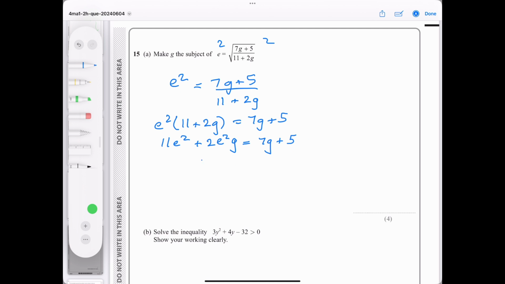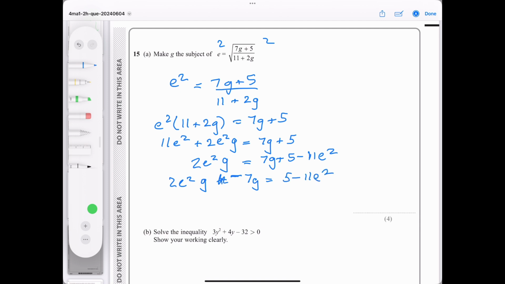So let's take off the 11e squared from that side, equals 7g plus 5 minus 11e squared. And then let's add the 7g onto this side. So it's 2e squared g minus 7g equals 5 minus 11e squared.